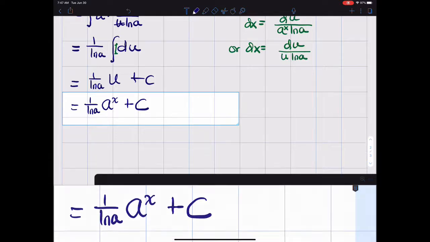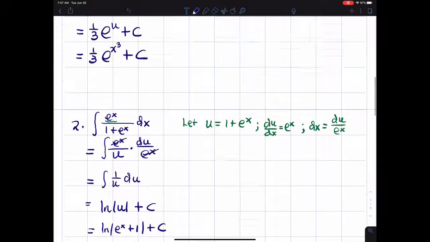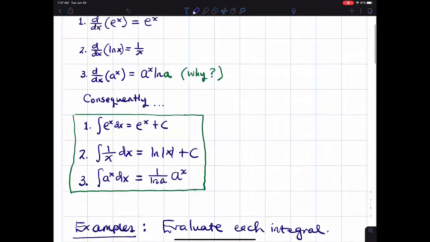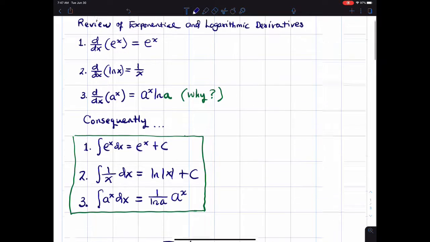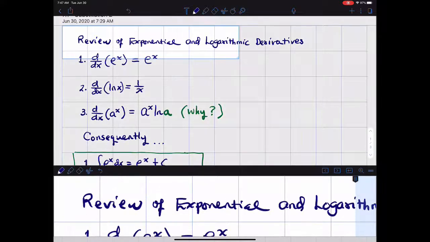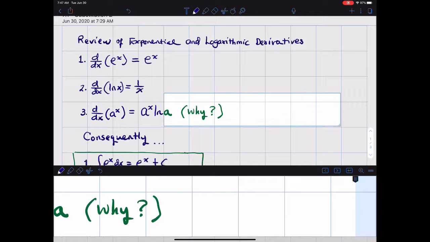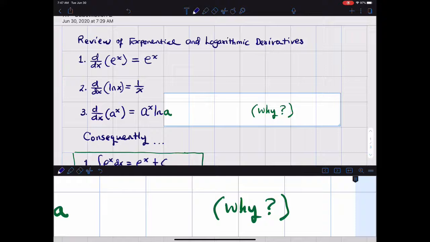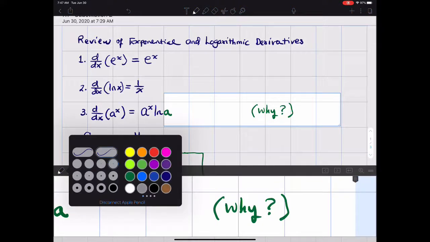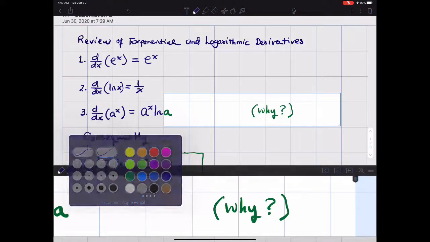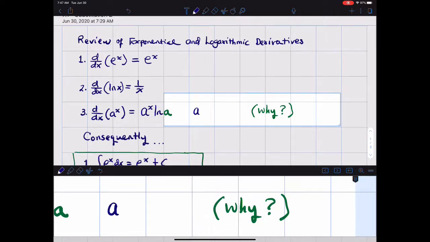All right. So I just want to go back to the place where I messed up a little bit and re-explain. So this is the derivative of a to the x, where a to the x is not over here. a is a constant, any real number at all, just a constant.